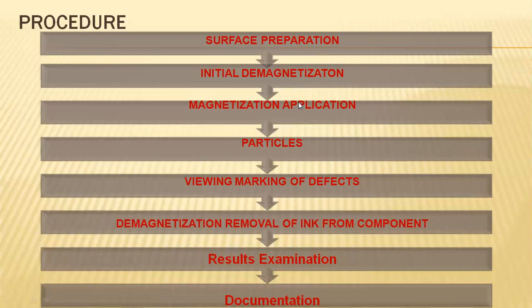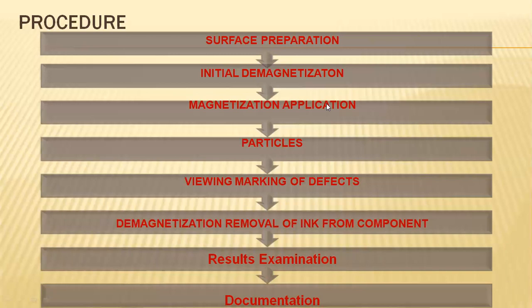Next one, magnetization application. We have different techniques for magnetization. Depending upon the type of materials, the techniques vary to a particular frequency level, because electrically conductive materials exist, non-conductive materials also exist, and moderate kinds of materials also exist in our environment.